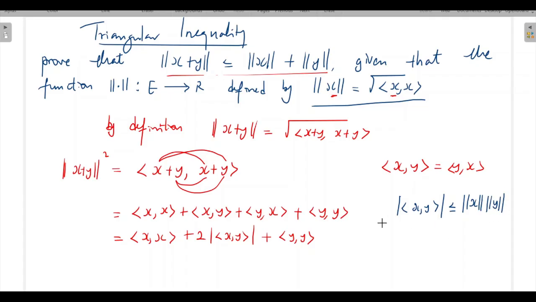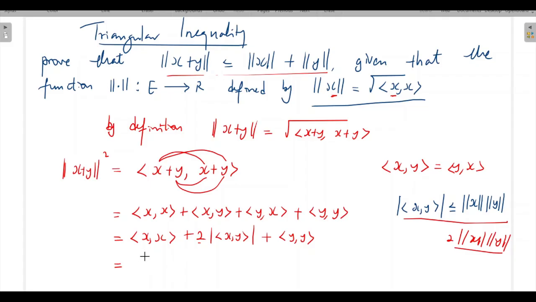So we're going to be using that here now. Since this is true, combining these two, based on this theorem that has been proved, I have this.